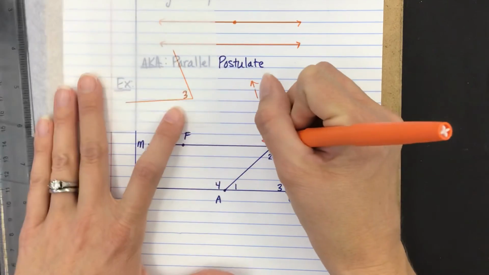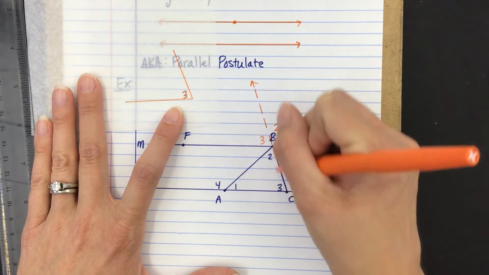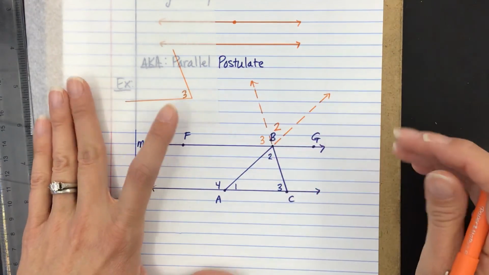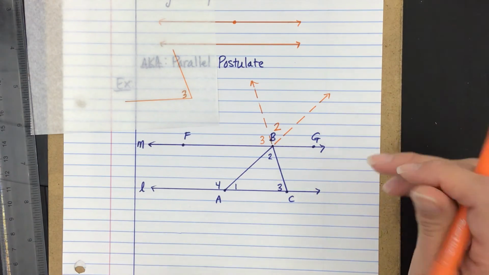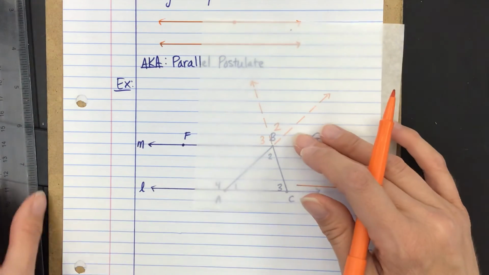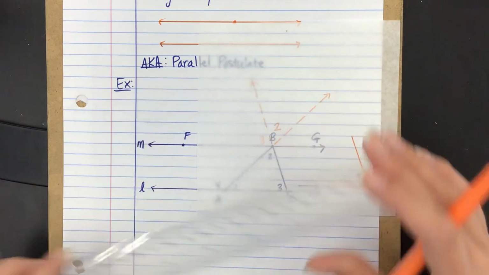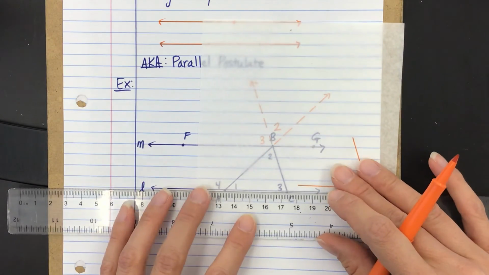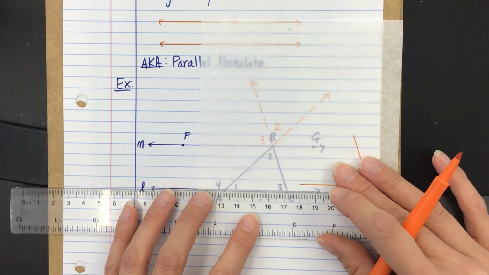So we can say that these angles are congruent to each other, right? That's the fun of parallel lines. All kinds of fun things happen with parallel lines. Okay, let's do the other one. I'm sure you guys can already guess what's going to happen, but that's okay. It'll still be fun to see it happen.